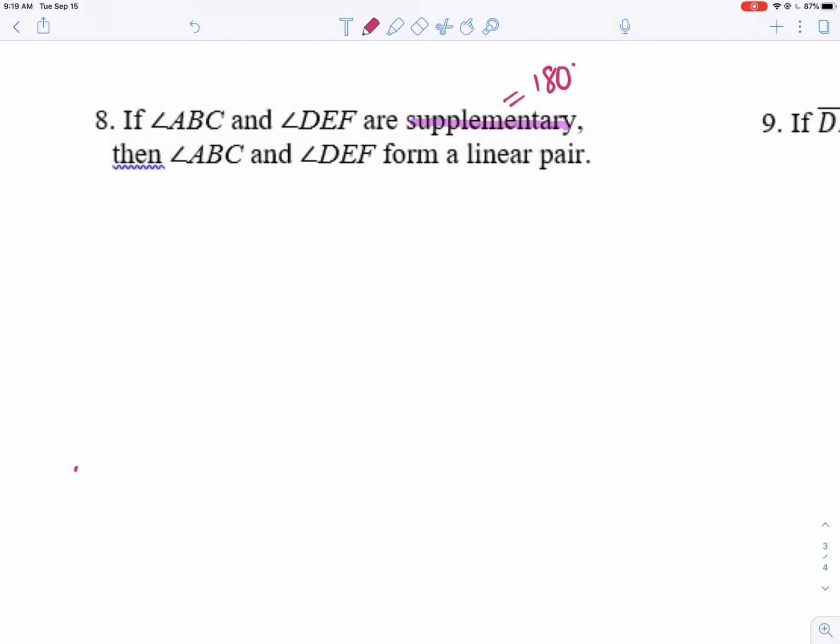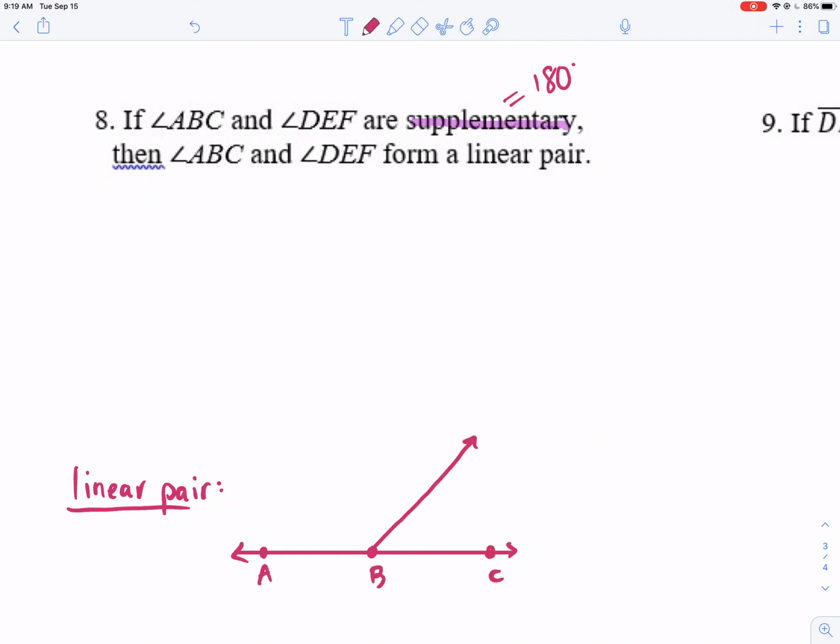So remember, linear pair, in case we forgot, it's when I have opposite rays, right? So there's my opposite rays. We'll label this A, we'll label this B, we'll label this C. We'll call this one D. That means I have an angle here and an angle here, and they are a linear pair because they are opposite rays and they also add to 180.